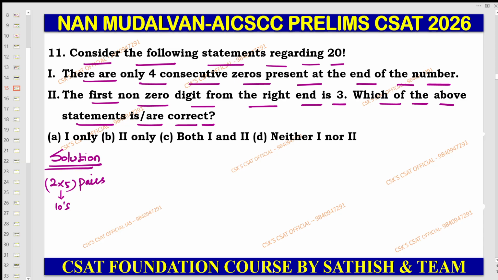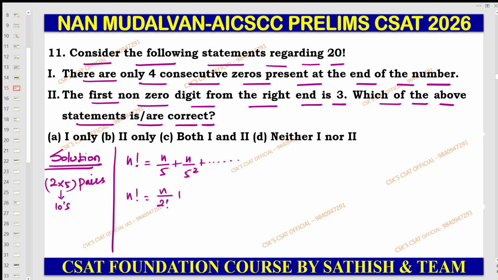So how many such trailing zeros will be there in 20 factorial? How to find it? In n factorial, you find n by 5 plus n by 5 square, like that. As well as, how many 2's are there in n factorial: n by 2, then n by 2 to the power 2, like that.